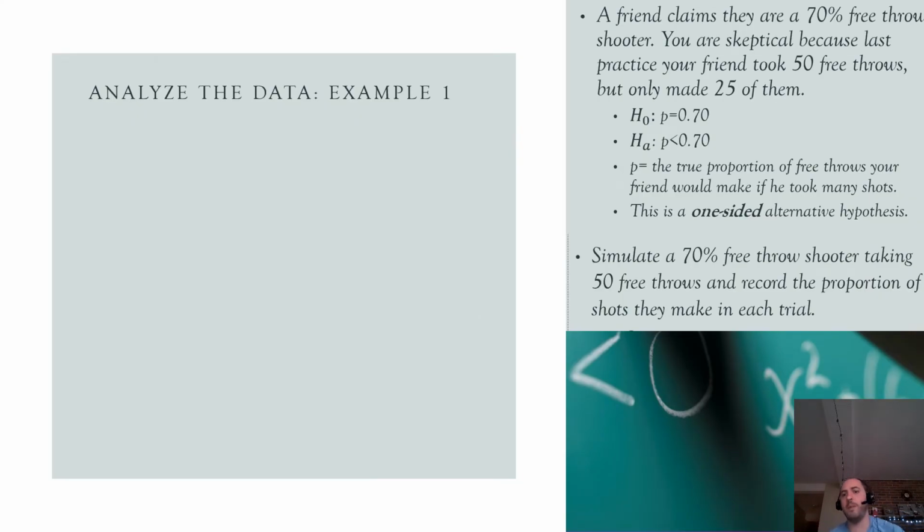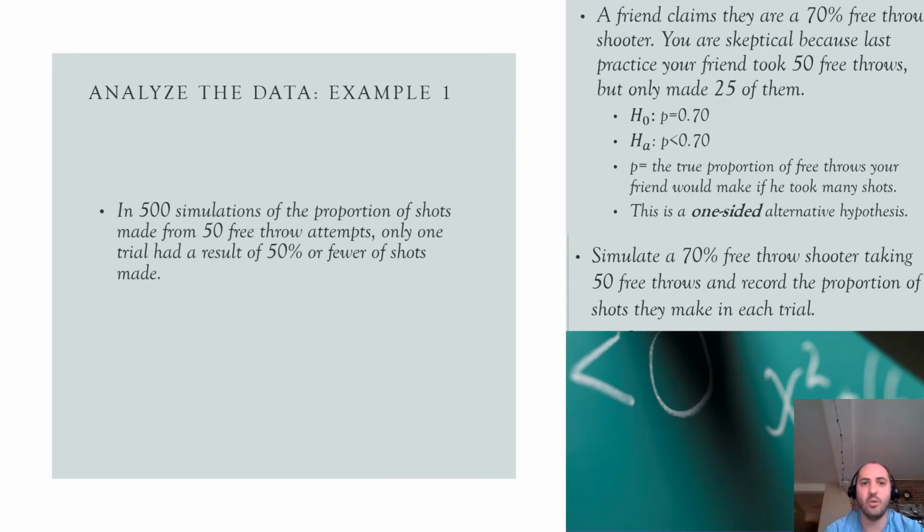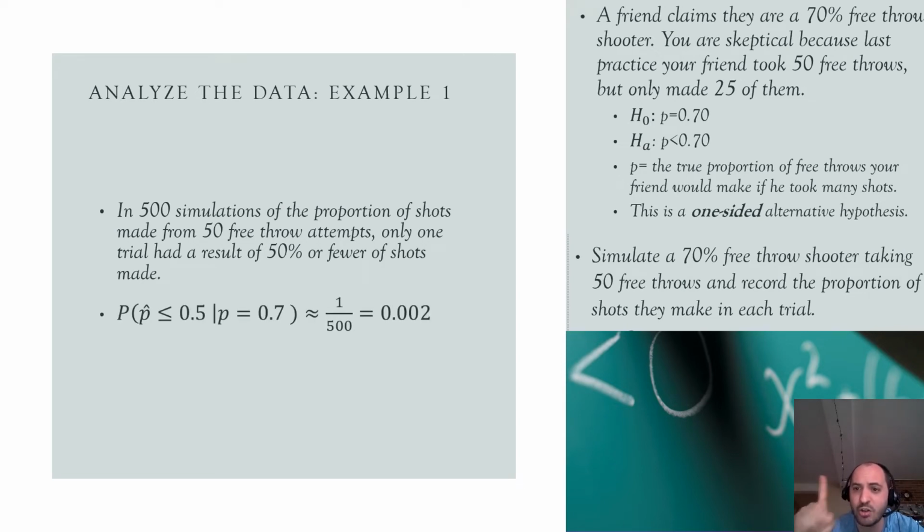So say we're back in our basketball example. I run 500 simulations of a 70% free throw shooter taking 50 free throws, and then I record the proportion of those trials where 50% or fewer of the shots were made. Well, only one of those 500 trials had less than 50% of the free throws made.